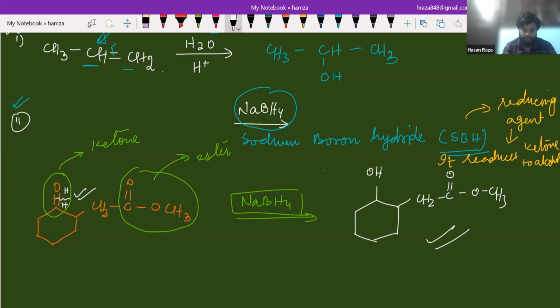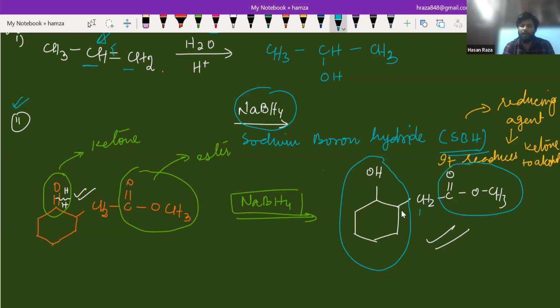Can I change the slide? So what's the name for that? The product's name will be basically, this is ester, and ester is more senior than alcohol. So this will be treated as the main functional group, and the hydroxy will be treated as a substituent.